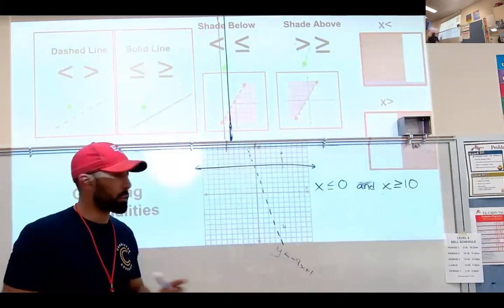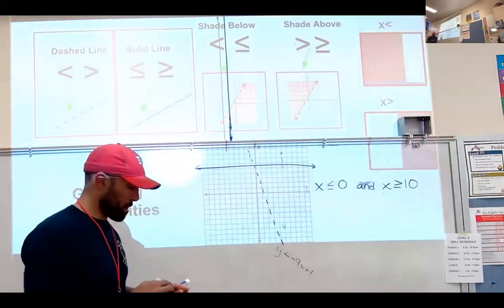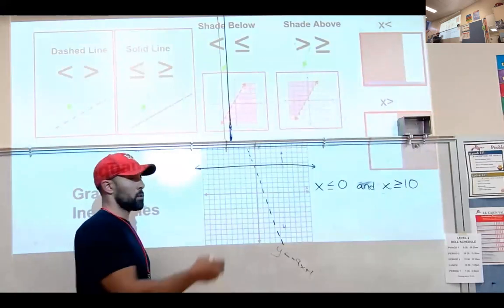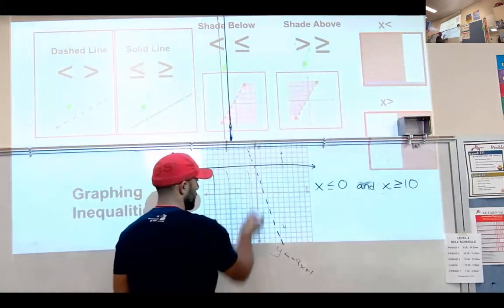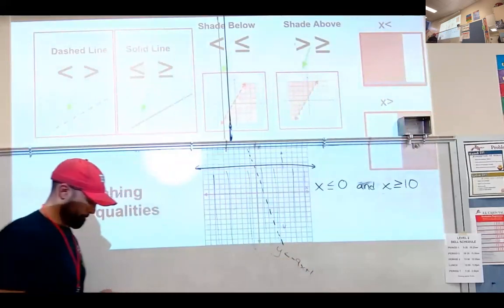And I know that's not right. I know these are graphed totally wrong. I'm just showing you how to shade it, okay? Now, for this line, I said you shade everything here, everything below, right?